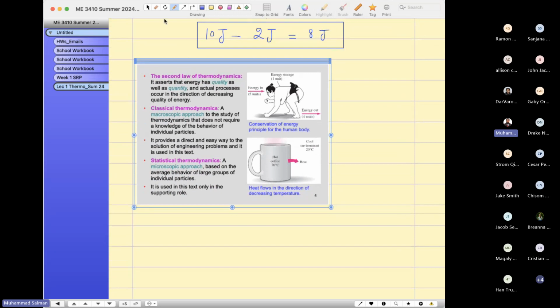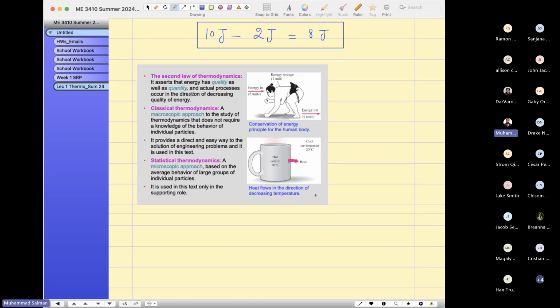I'm not going to explain each and every law or principle right now, but the second law states that you cannot have work without expenditure of energy.